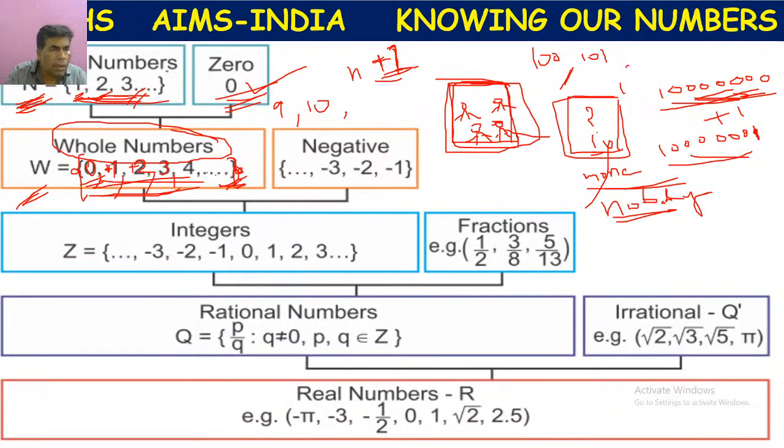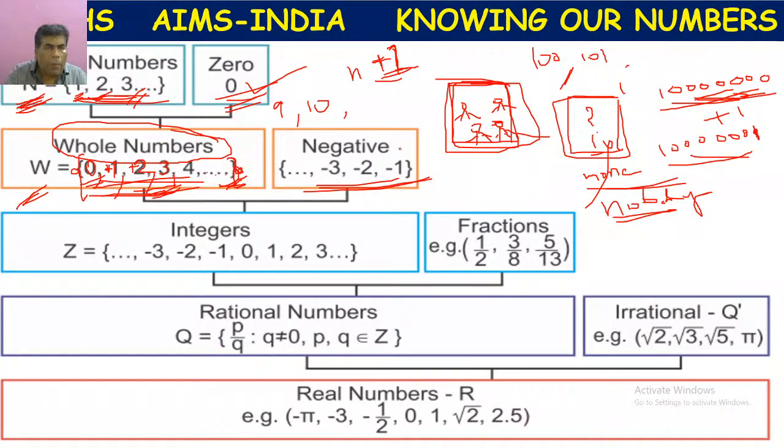So in whole numbers, there is no place for negative numbers. So what they have done is, for 0 and positive numbers, they have added negative numbers also, like -1, -2, -3.